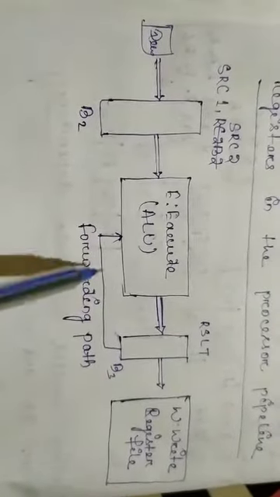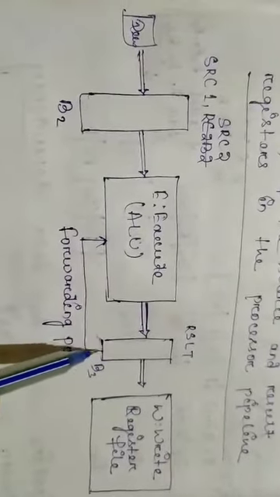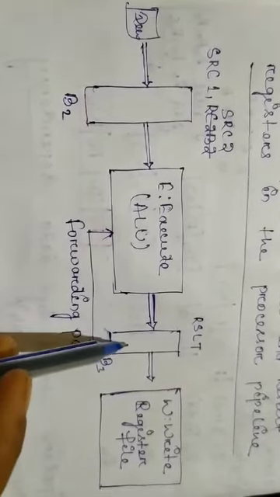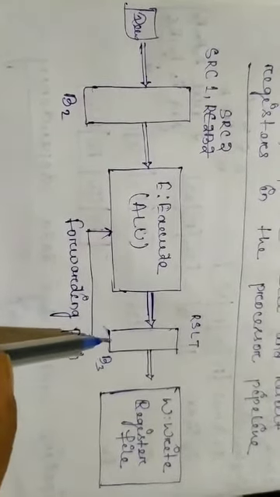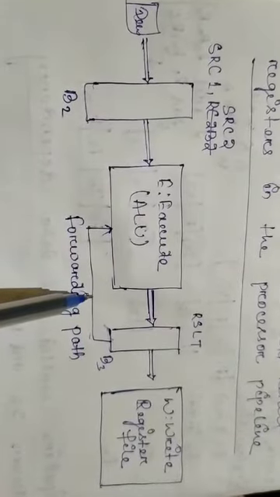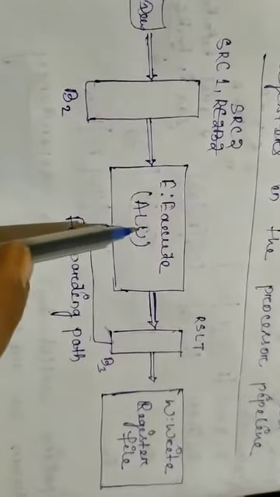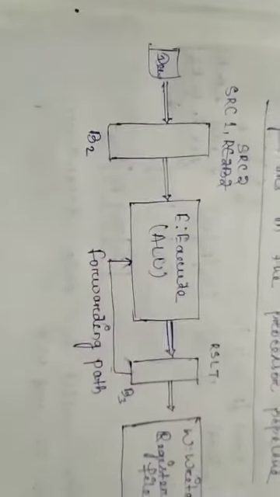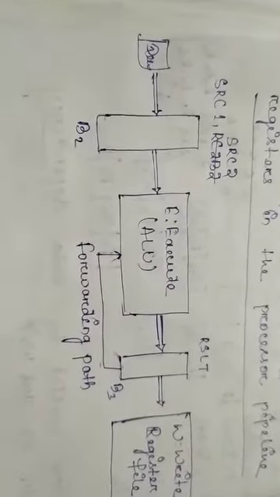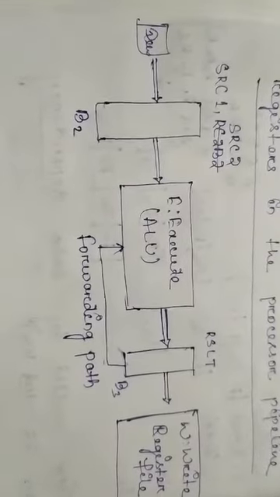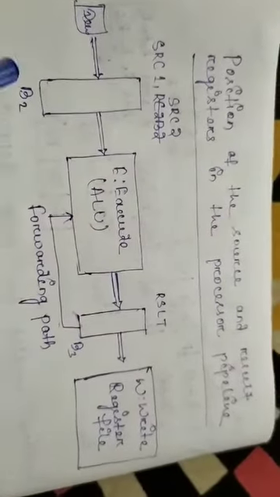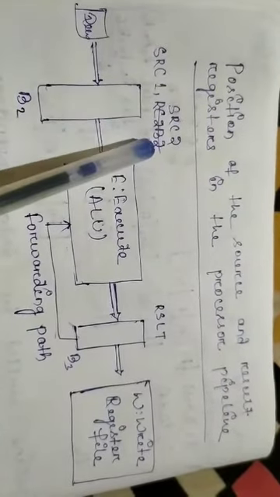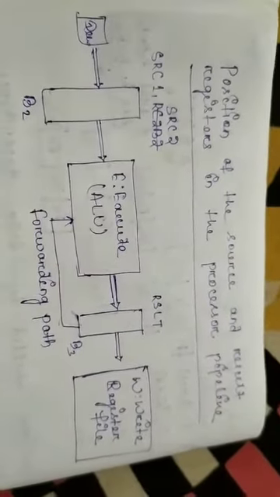The data forwarding mechanism is provided by these lines. If the resultant register forwards to the execution unit again, then I2 will not have to wait for one clock cycle. So this is the position of source register 1, source register 2, and result register.